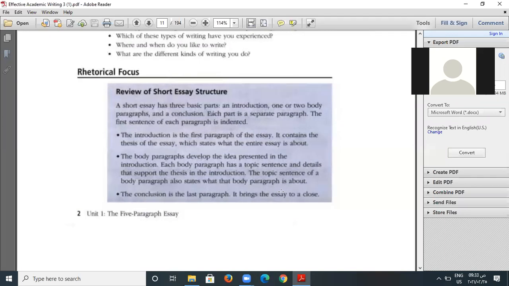The conclusion is the last part, the third part. What do we write in the conclusion?